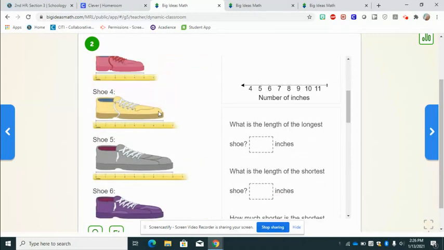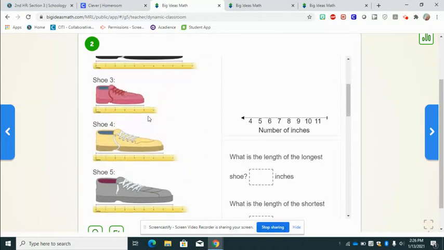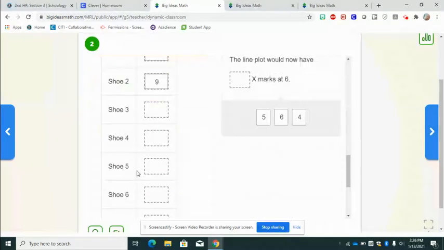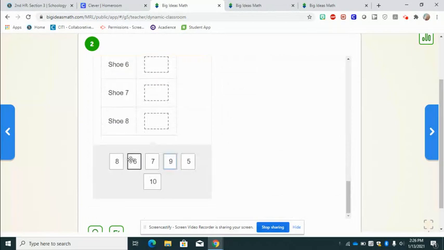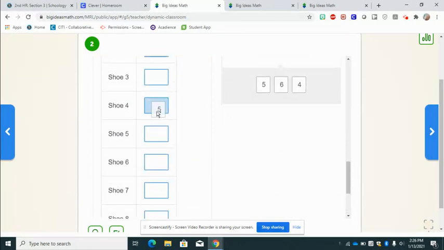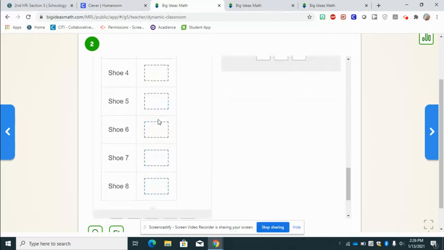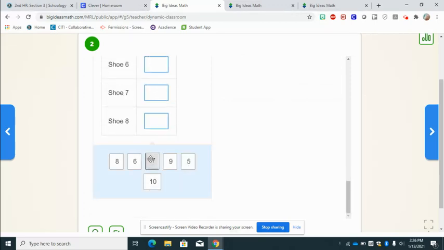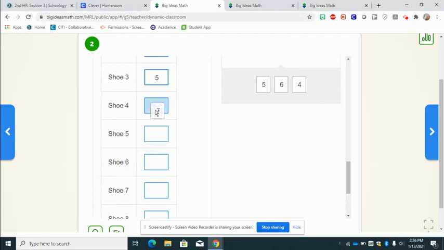Okay, and then shoe 3 and 4. Shoe 3 is 5 inches long, and shoe 4 is 7 inches long. So we're going to put a 5 and a 7. We'll put a 5 beside shoe 3 and a 7 beside shoe 4.